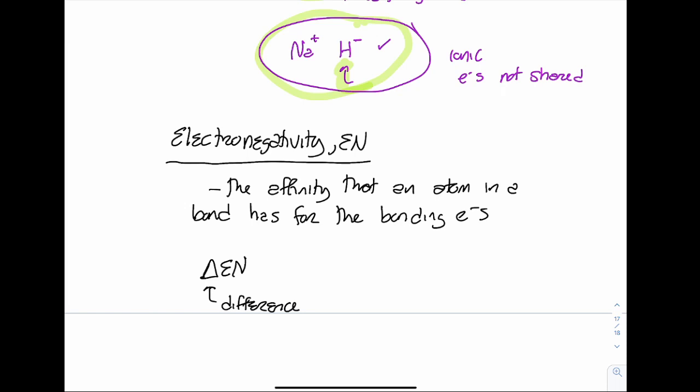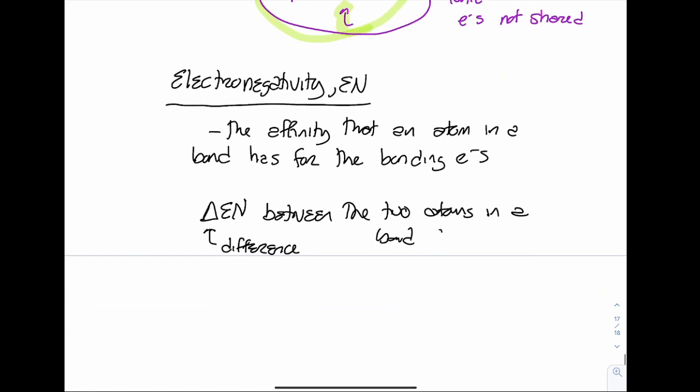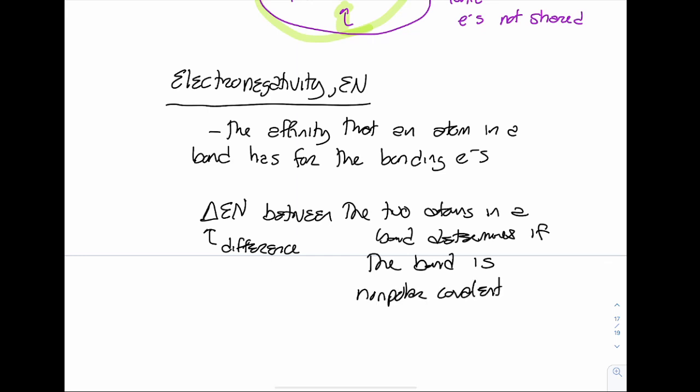So electronegativity difference between the two atoms in a bond determines if the bond is nonpolar covalent, polar covalent, or ionic, right?